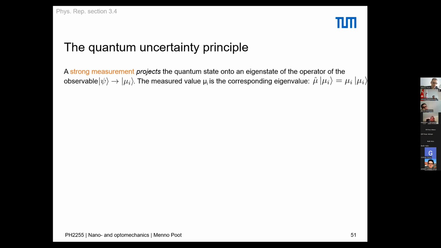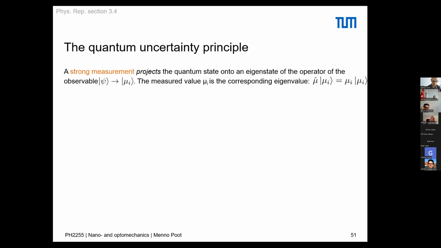For example, we start with this state psi that we have here, and then when we do a strong measurement, we know that after the measurement, we have projected the quantum state onto a new wave function. And then the measured value, mu i, that you're going to get is the corresponding eigenvalue. So in this case, mu is the operator of the observable.